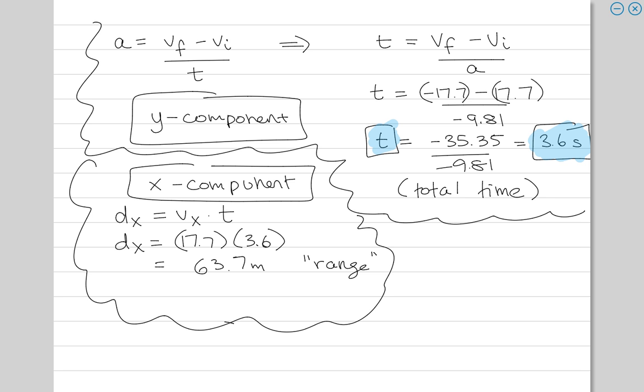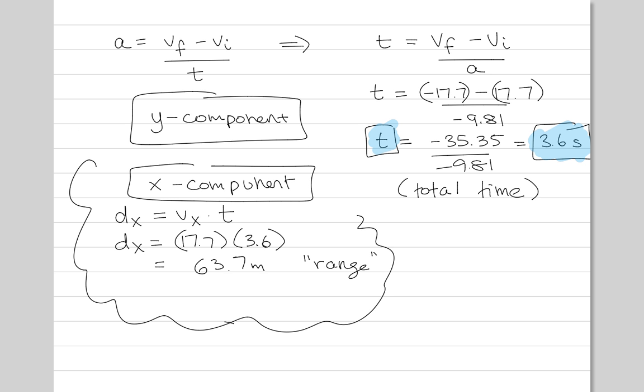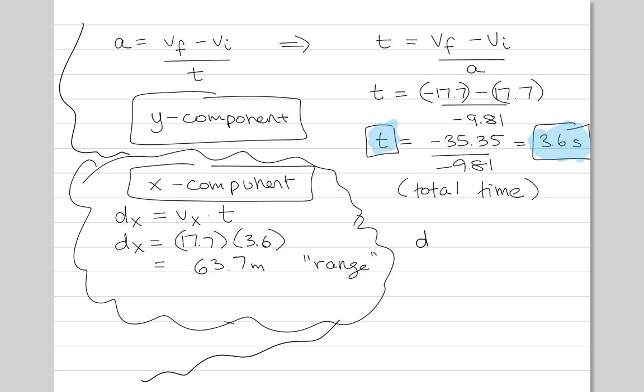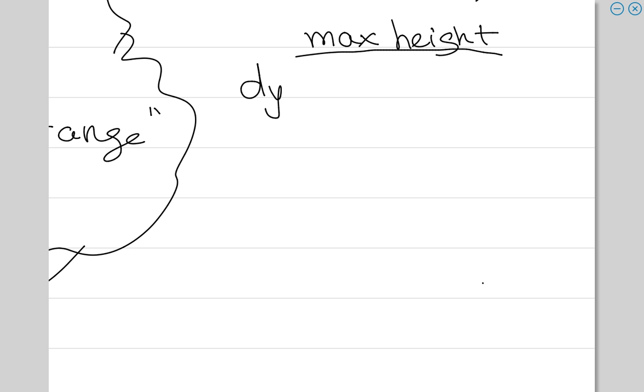And then back to some y component business. So I will erase this line. And let's find the max height, dy. Let's find the max height. Okay, so dy is equal to viy times t plus 1/2 gt squared.